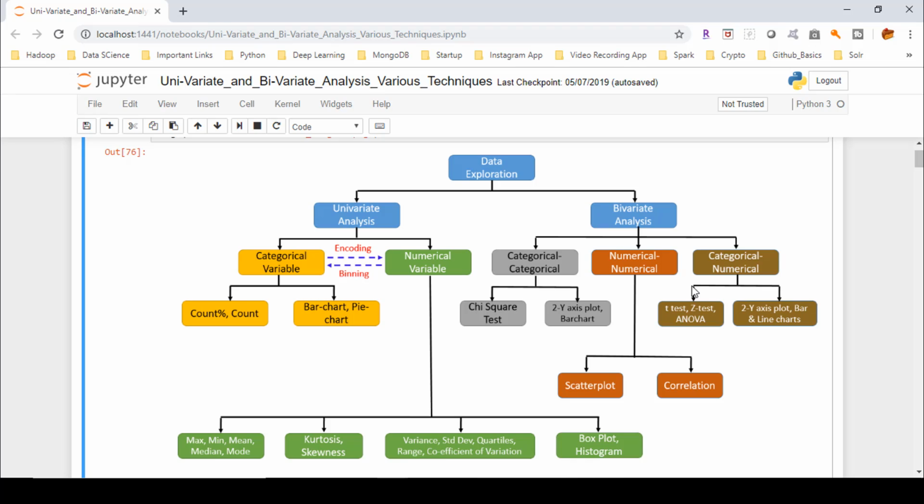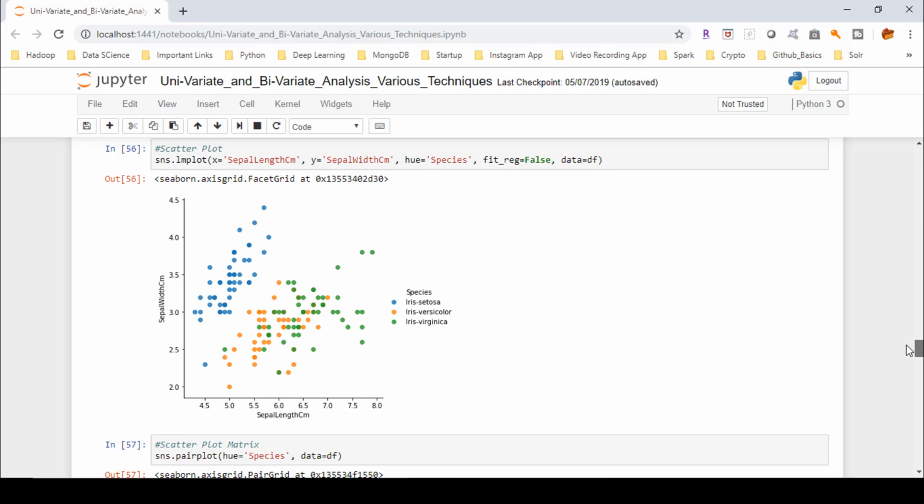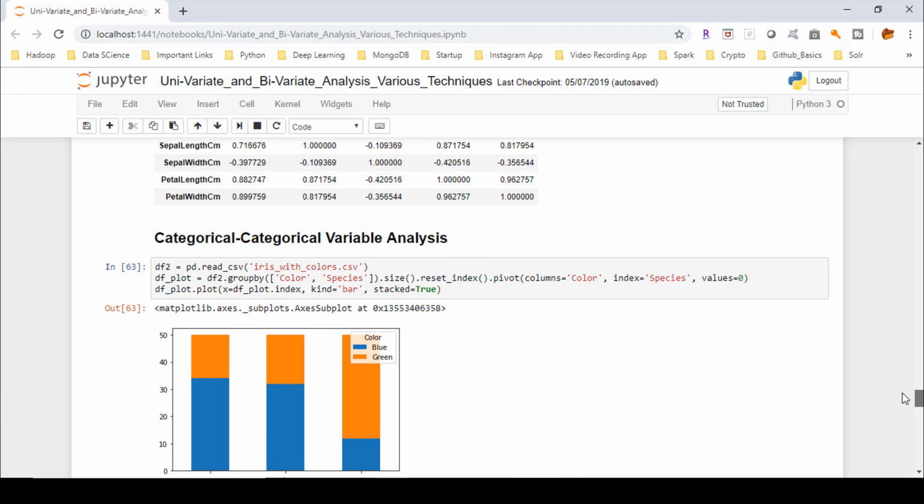So let's go through the line plot we have created. I have calculated the mean values of sepal length, sepal width, petal width for each species.